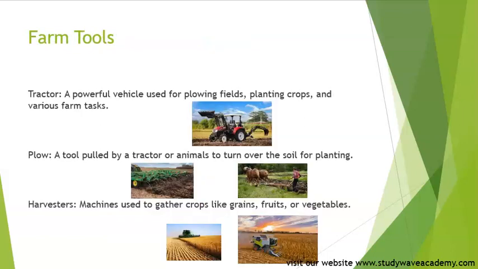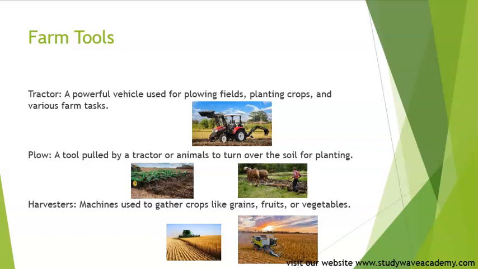Next, we're going to be looking at still farm tools, but these are machines. Okay? Remember, simple farm tools are basic manual tools, right? They don't have electricity or engines to operate, but they are still farm tools.